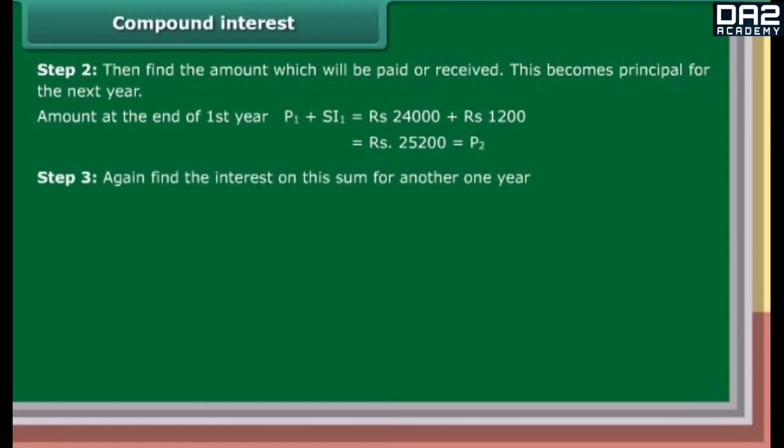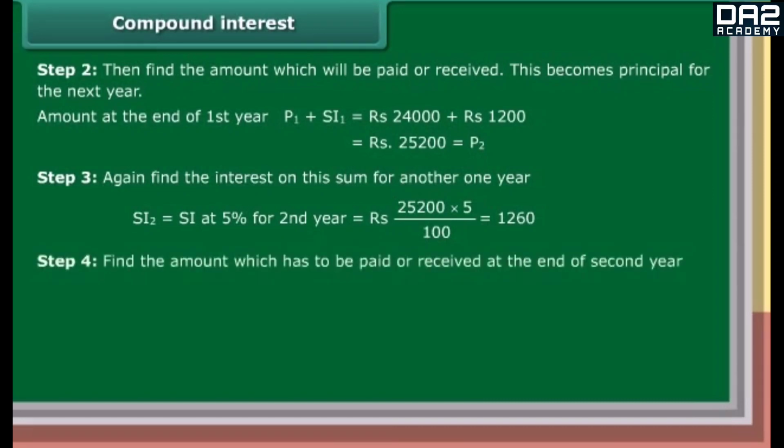Step 3. Again find the interest on this sum for another 1 year. SI2 is equal to SI at 5% per annum for the second year, which is equal to rupees 25,200 into 5 upon 100, which is equal to rupees 1,260. Step 4. Find the amount which has to be paid or received at the end of the second year.